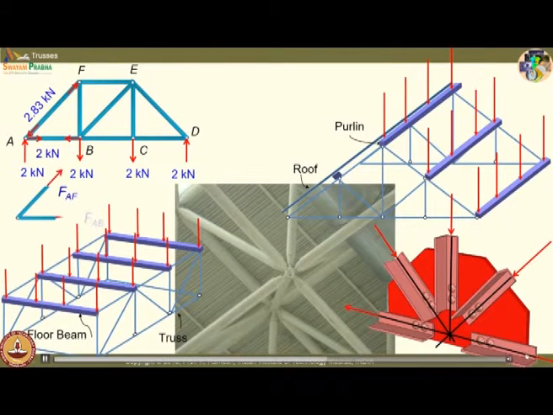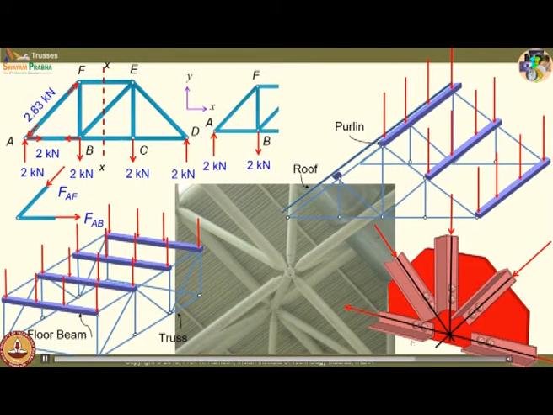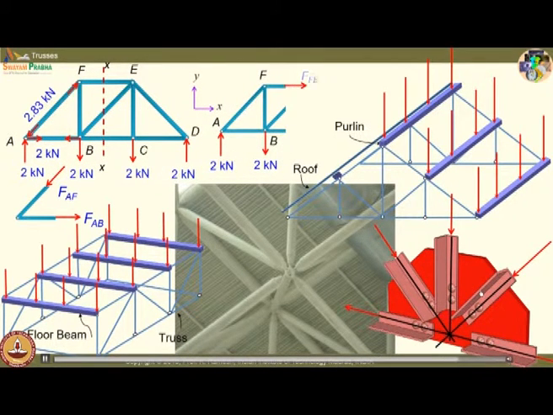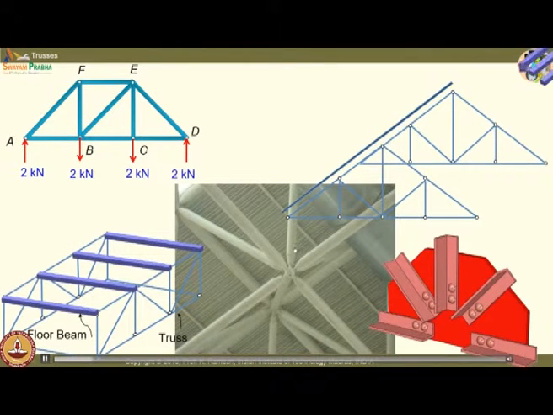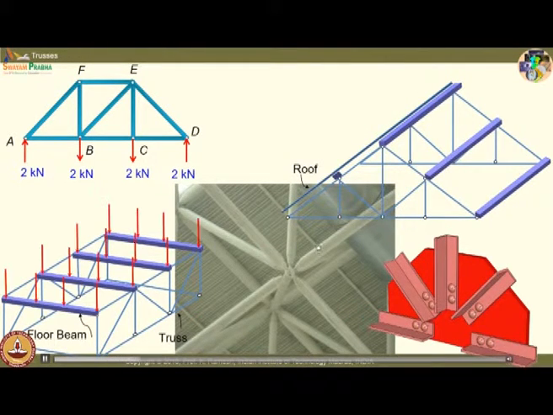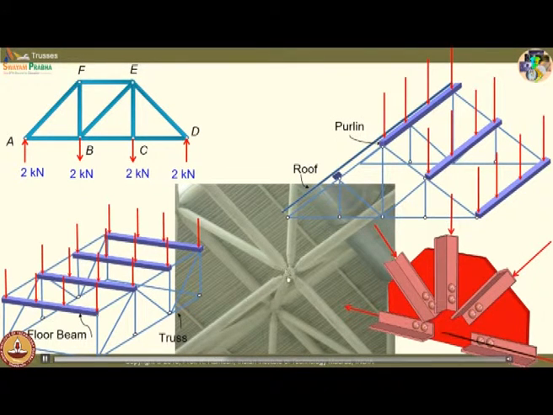And we have seen that no member is continuous through a joint, whether it is a two-dimensional planar truss or a three-dimensional truss. In a three-dimensional truss, you have a ball and socket joint.